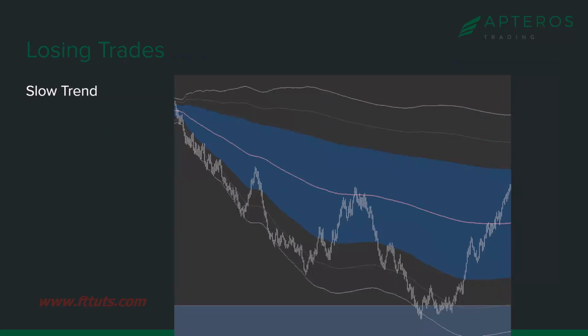Losing trades. Someone asked about losing trades in the Q&A, and I've got more for you there. A situation where we would love to see that perfect imbalance, where it just does this, right? Markets aren't that precise. It doesn't always happen that way.